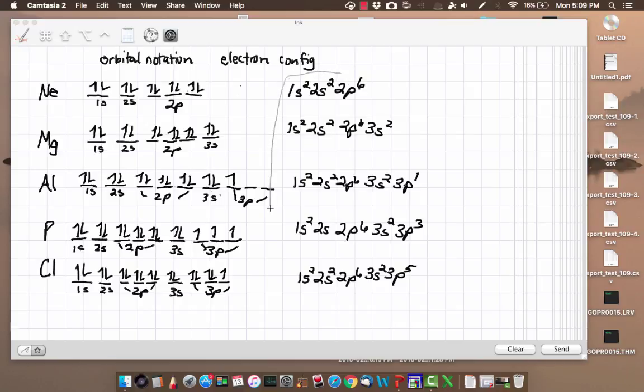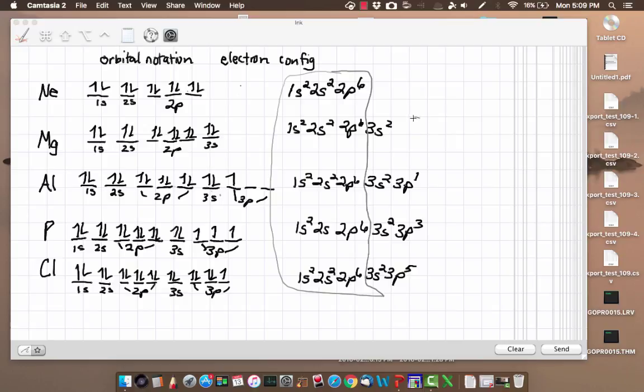That's kind of a horrible drawing. With magnesium, we could say that everything up to this point is the same as neon, and then beyond that it's 3s2. There's a method that I taught today called noble gas electron configuration.